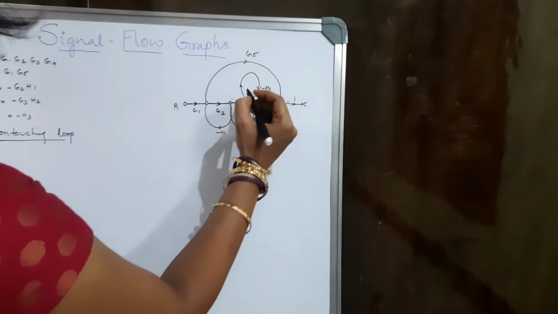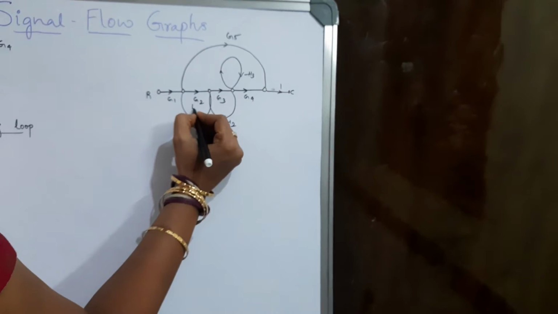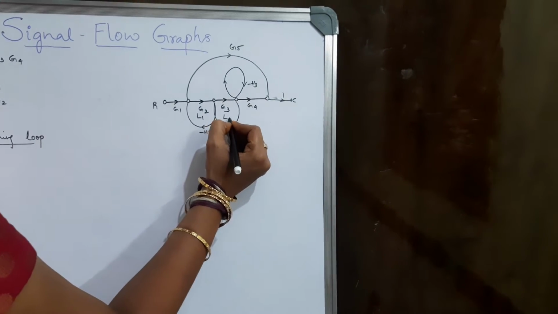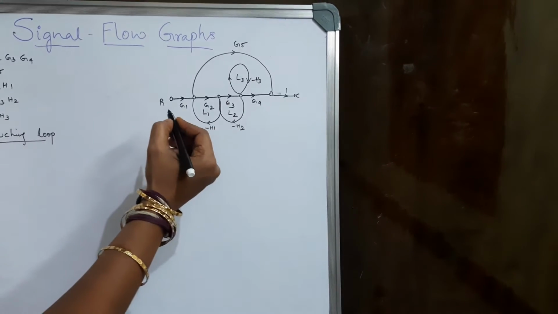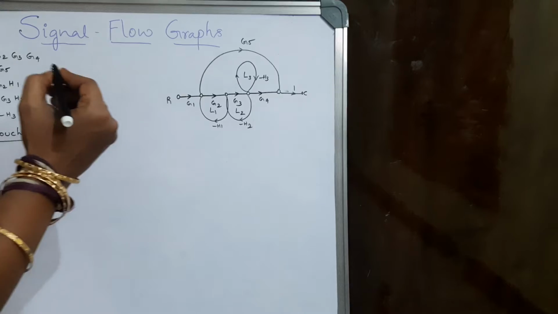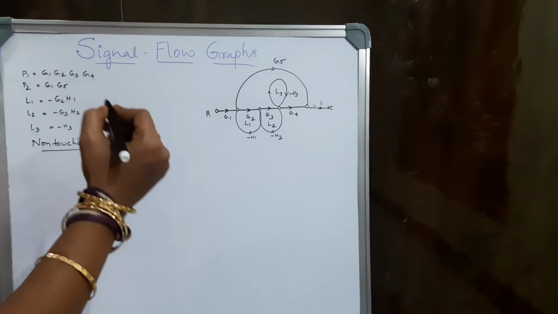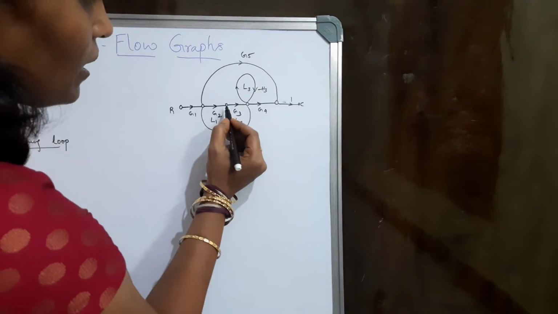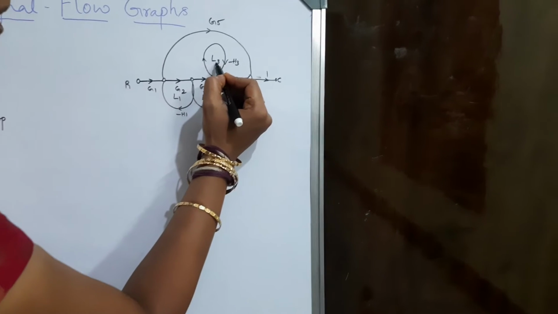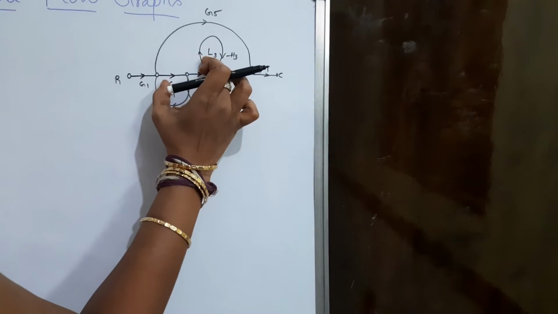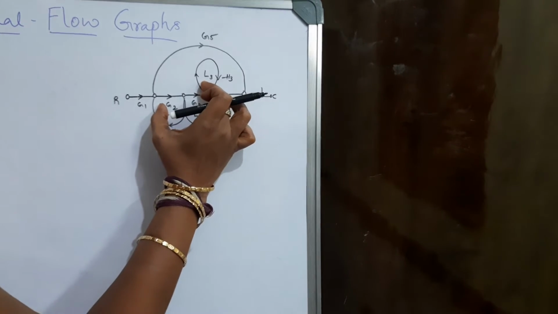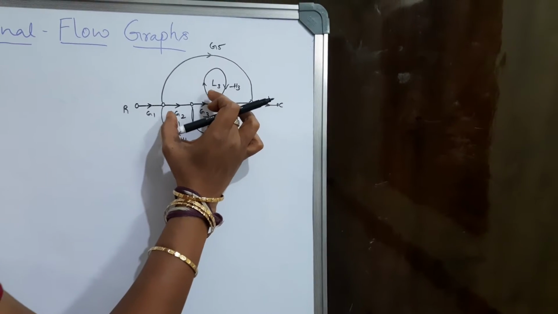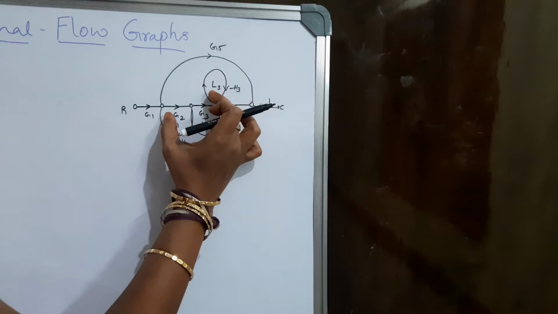This loop, G2 H1, is L1, this is L2 and this is L3. By definition, non-touching loops are loops that have no common nodes. You can see here that L1 and L3 are non-touching. They are not touching each other. So I can consider this a combination of non-touching loops because they don't share a common node.